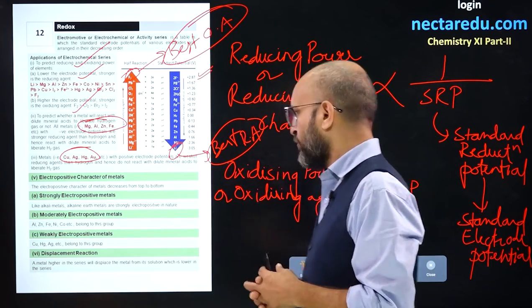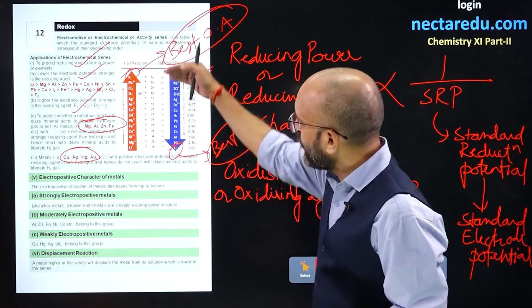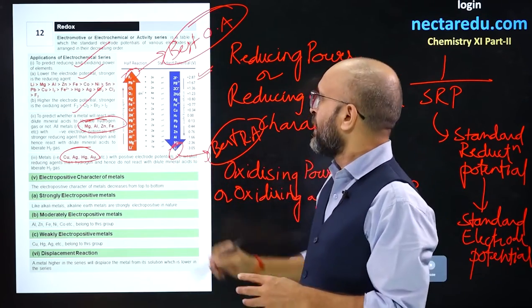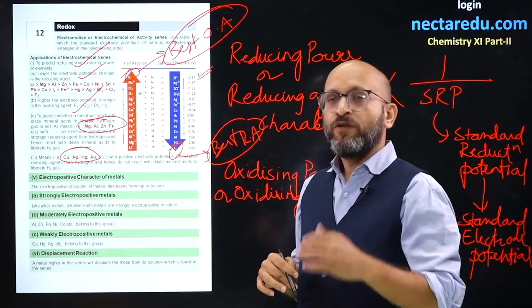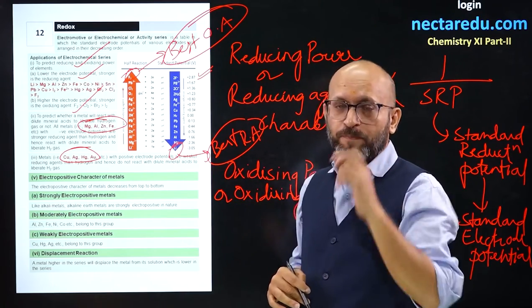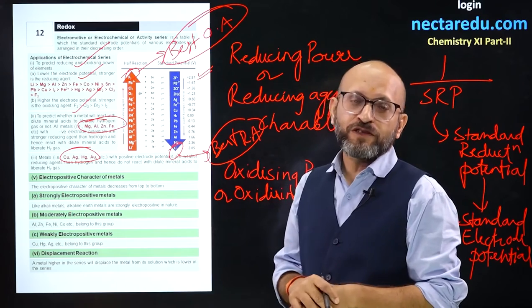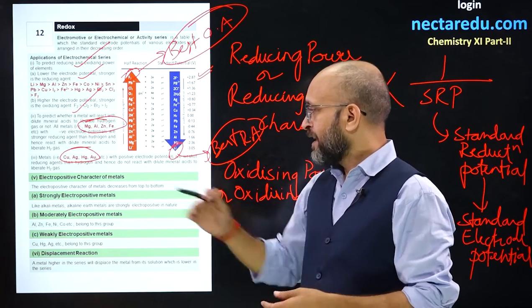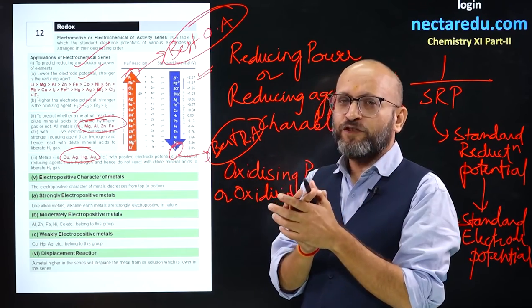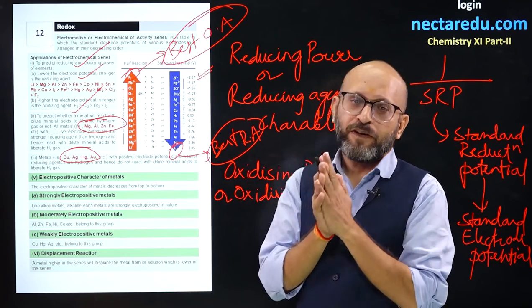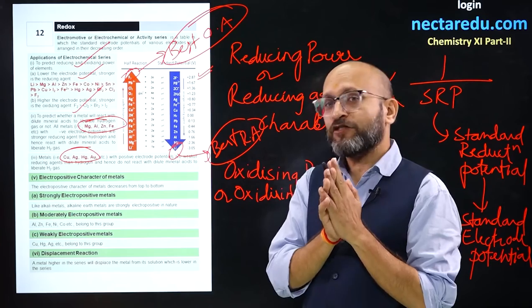Next, going from top to bottom, most electronegative fluorine is at the top. So electronegative elements are at the top and electropositive elements are towards the bottom. Next is moderate electropositive, weak electropositive. You can predict easily by knowing the values of electrode potentials.